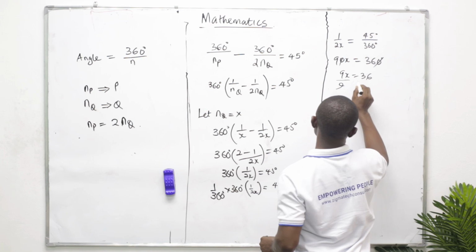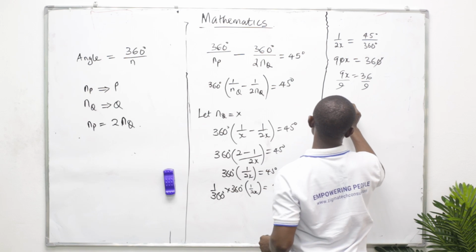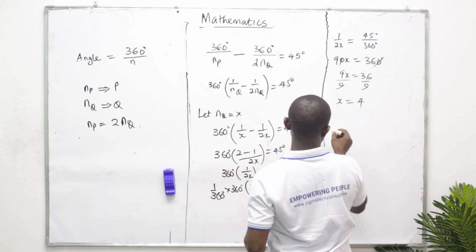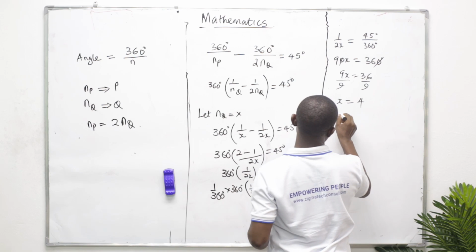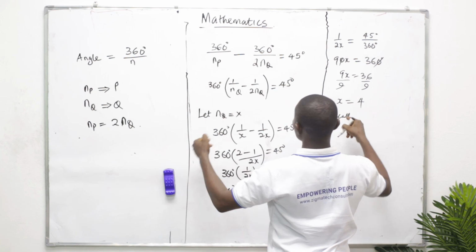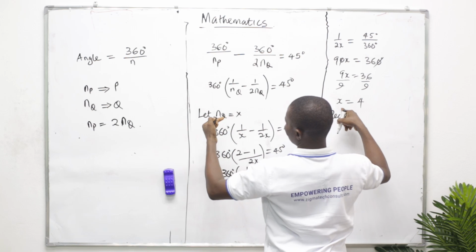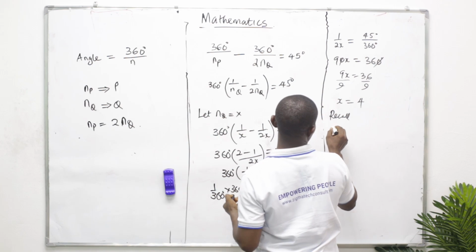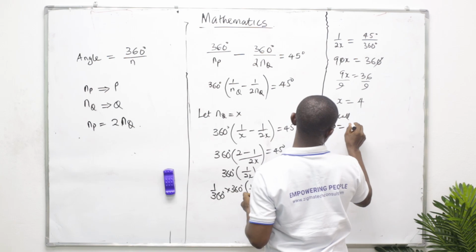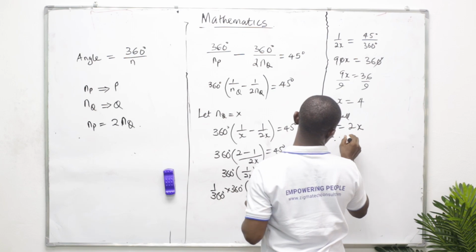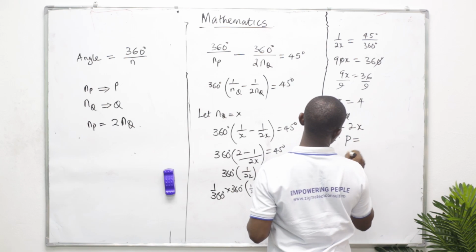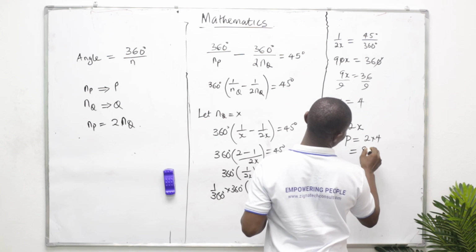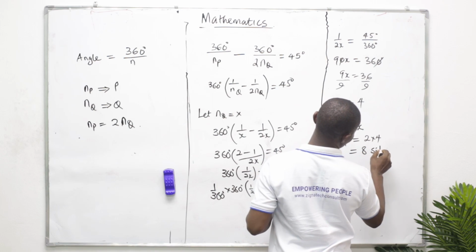Dividing through by 9, X equals what? 4. So recall, you called X to be the NQ. And recall that NP equals 2X. Therefore, the number of sides of P equals 2 times 4. So how many sides has this polygon?